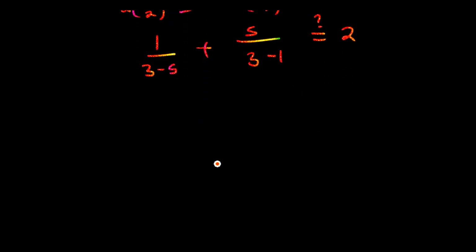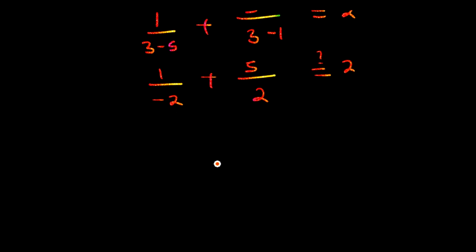So we have 1 over 3 minus 5. 3 minus 5 is negative 2. And then we add that to 5 over 3 minus 1. 3 minus 1 is 2. And we check if that is equal to 2. So we can combine these two by using the LCM.